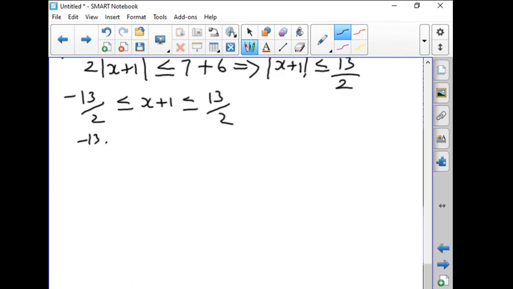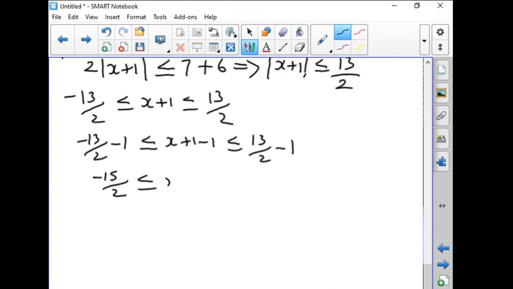Therefore minus 13 by 2 minus 1 will be less than or equal to x plus 1 minus 1 less than or equal to 13 by 2 minus 1. Here take 2 as the LCM. So we get minus 15 by 2 is less than or equal to x less than or equal to 11 by 2.